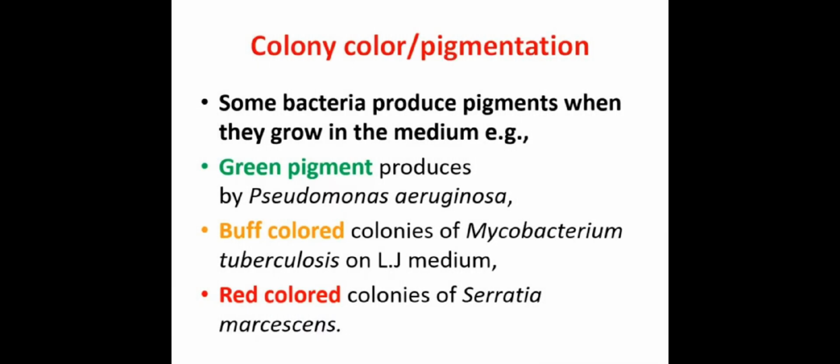Pigmentation of the colony. Some bacteria produce pigments when they grow in the medium, like the green pigment produced by Pseudomonas aeruginosa, the buff-colored colonies of Mycobacterium tuberculosis, and red-colored colonies of Serratia marcescens.